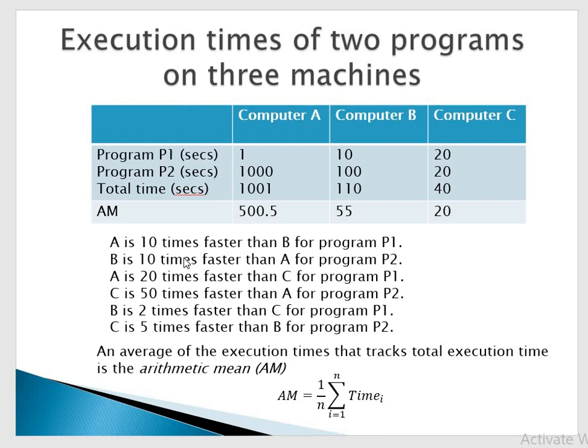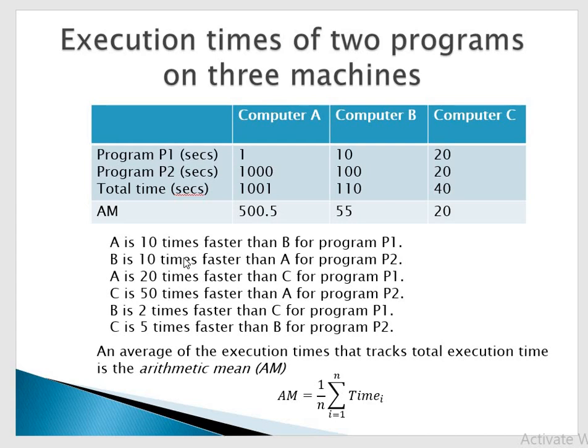If we look at this, in one program computer A is faster than B, and for another program computer B is faster than A. And again, in one program computer B is faster than computer C, and for program 2, computer C is faster than computer B. So from this method, on the basis of the individual programs, we cannot evaluate the performance of the different computers.